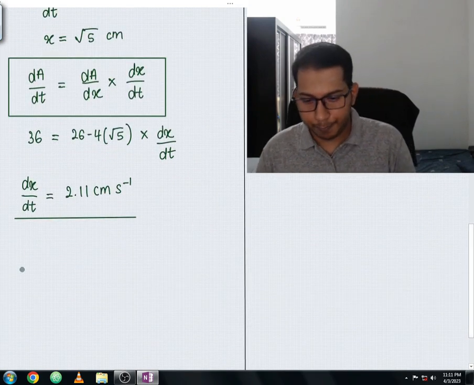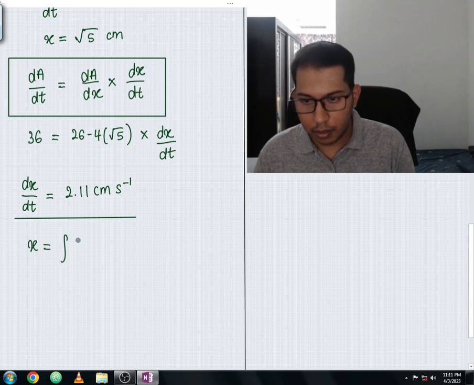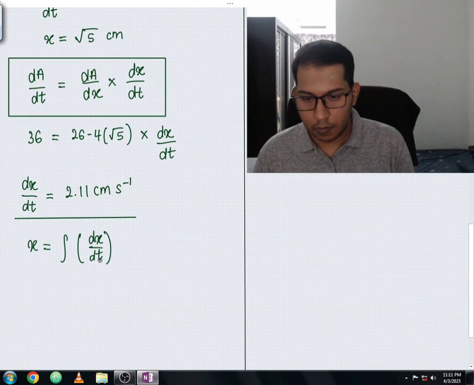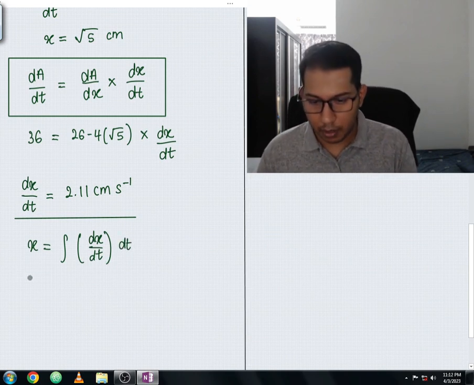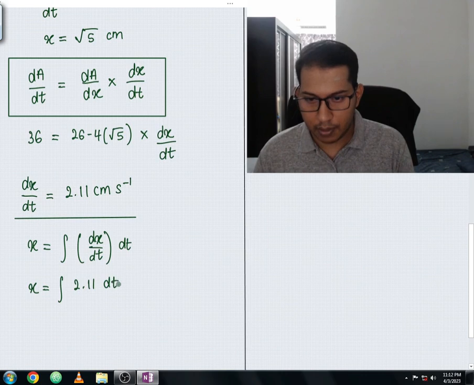Okay, so from here x will be equal to the integration of dx over dt with respect to time. So x is equal to the integration of 2.11 with respect to time dt.